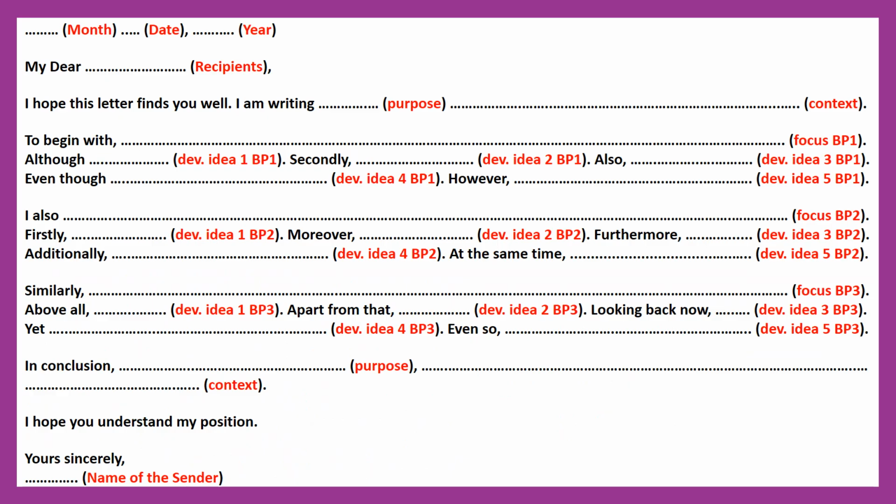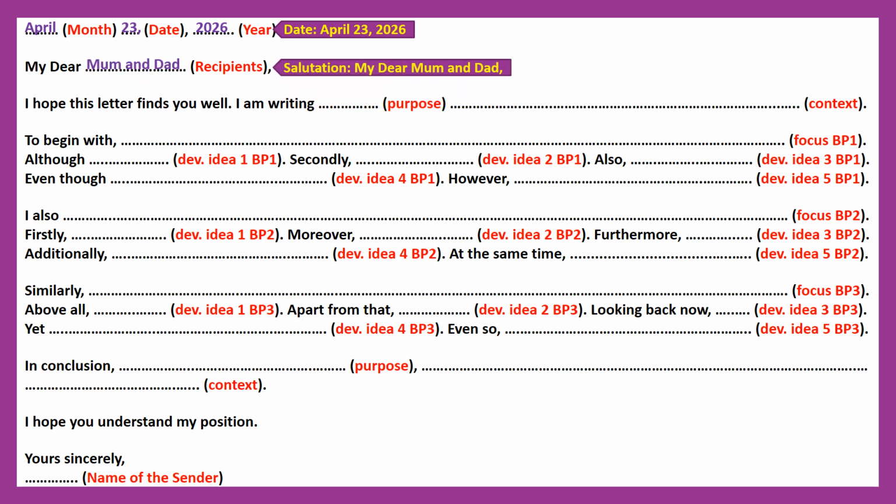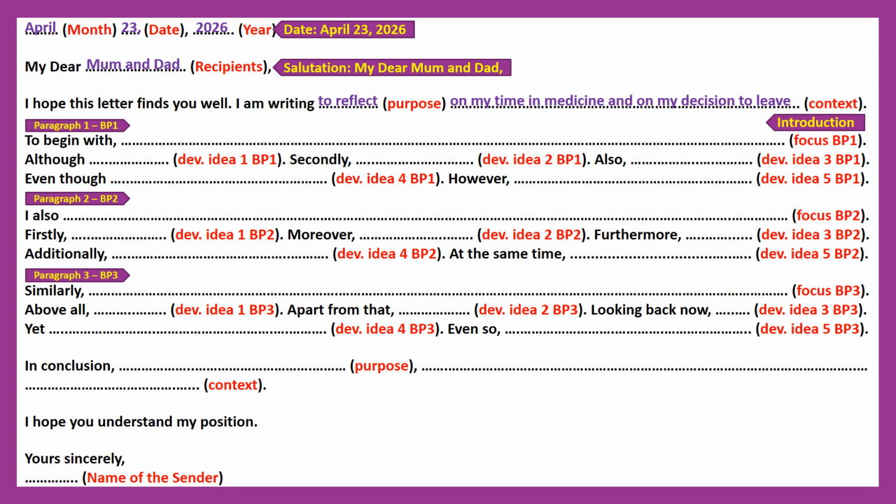Your response should include the following: the date, written appropriately, the month first, followed by the day, without suffixes such as the th or st, then a comma and the year. A salutation followed by a comma addressing the recipient of the letter. An introduction that outlines the purpose and context. 3 body paragraphs based on the 3 bullet points.